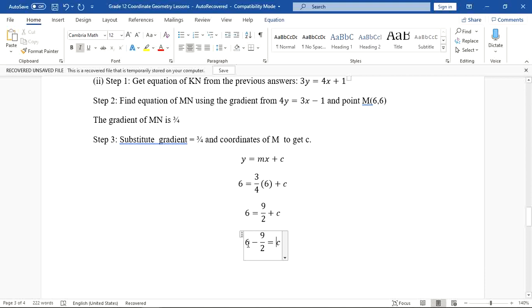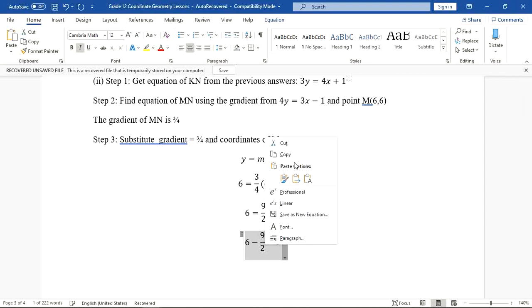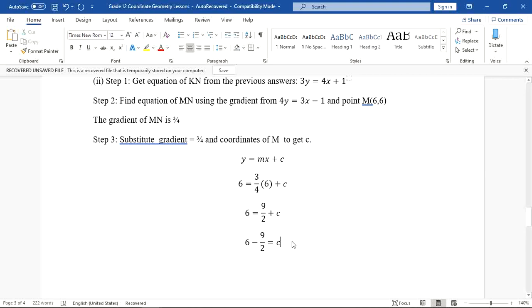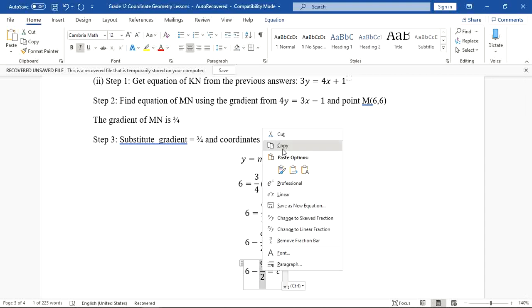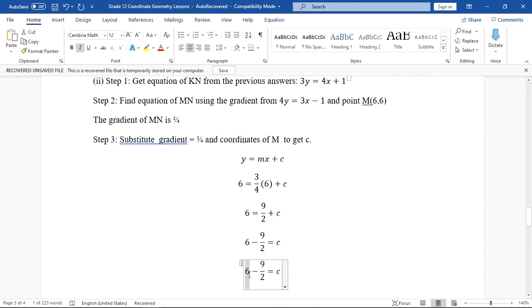So I'm going to write 6 as 12 over 2. I want to have the same denominators, and once I have the same denominators, I can just work with the numerators.